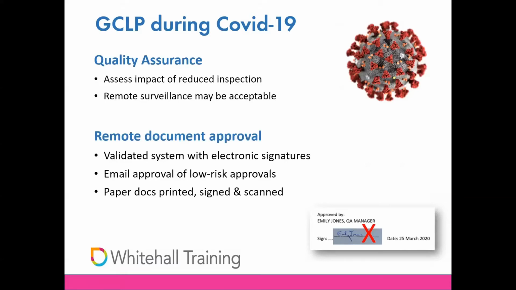In terms of remote document approval, a validated system using electronic signatures should still be used if at all possible. Email approval of low risk approvals only is okay. So that could be for things like controlled document up versions, things like that.